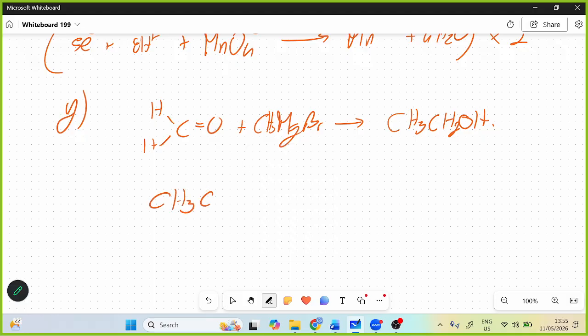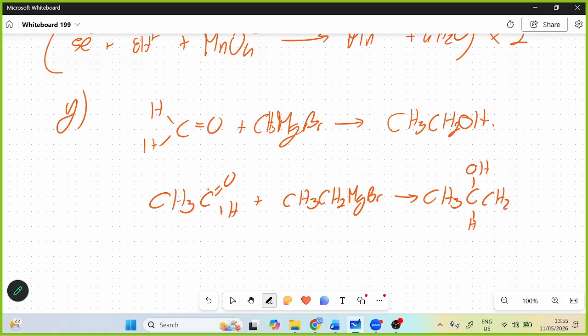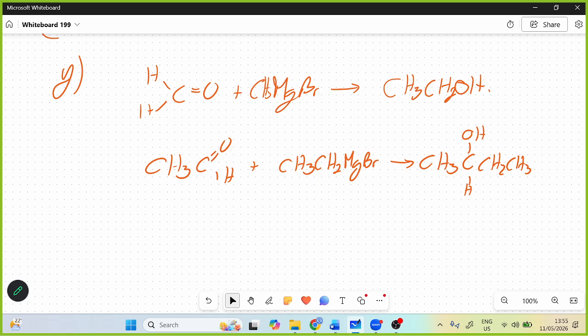Ethanal plus CH3CH2MgBr to give, and propanone.